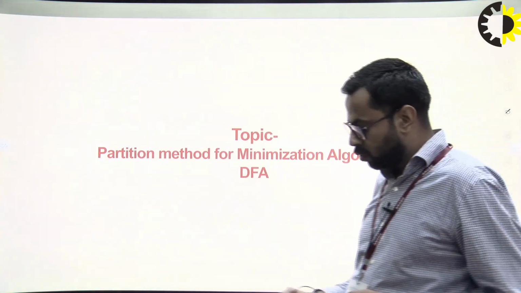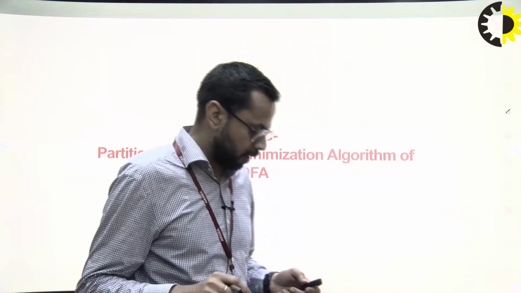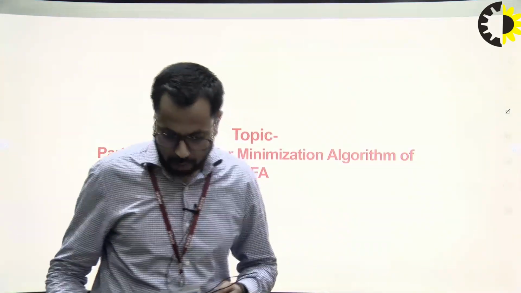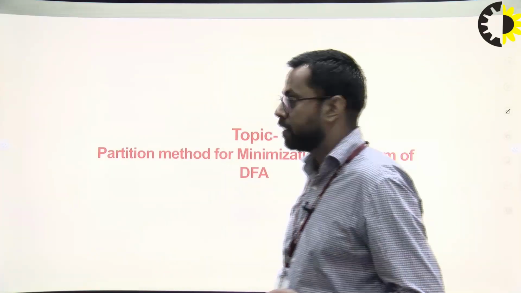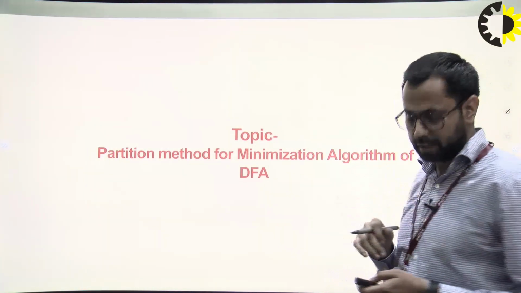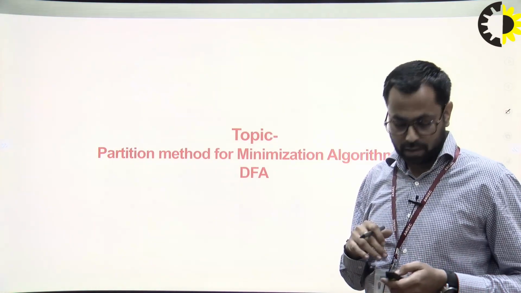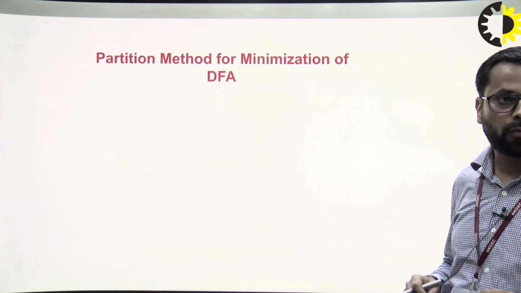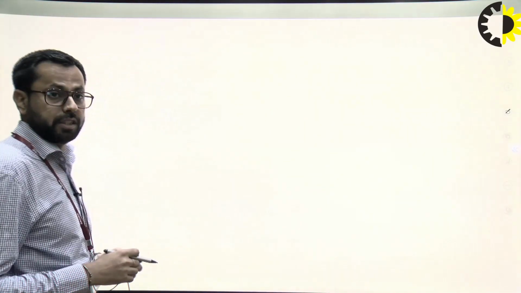Before introducing this, I have already given two lectures in TAFL, regarding TAFL introduction and the minimization method in brief. So I will first briefly go over what I have already covered in this TAFL lecture series.